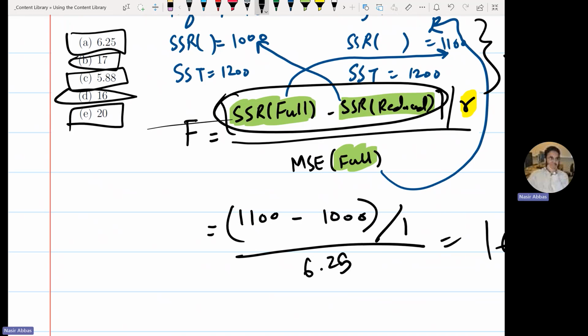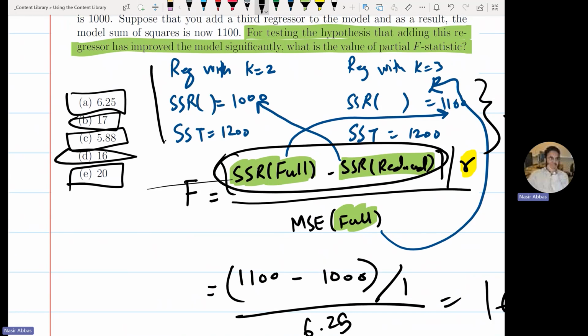If, instead of putting MSE of full, you put the MSE of the reduced model, you will get 17. So any possible mistake you make, you will get one of these answers. And then you will confidently circle it.